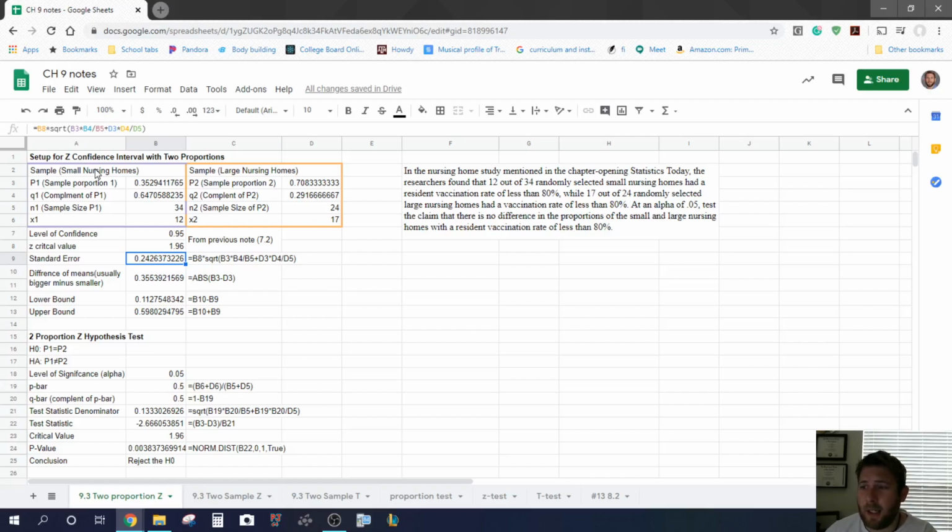It's essentially the critical value times the square root of p hat times q hat divided by sample size, plus p hat times q hat divided by sample size. You'll see that right here, where p hat is B3. That's there.